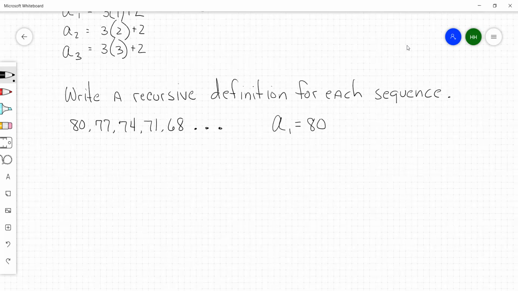Now, when you're writing your definition it will look like this. It'll look like a sub n is equal to, which means a term in the sequence is equal to its previous term, which is a sub n minus 1. And what's going on here? Yeah, exactly, minus 3.